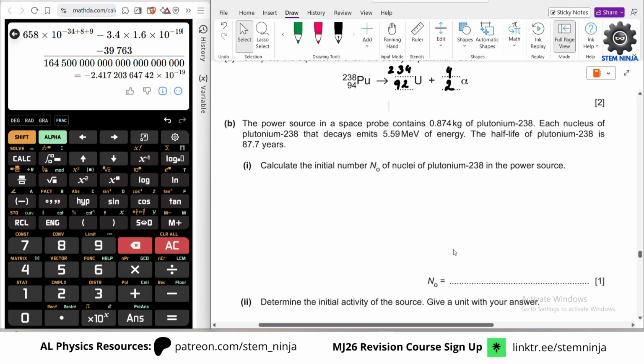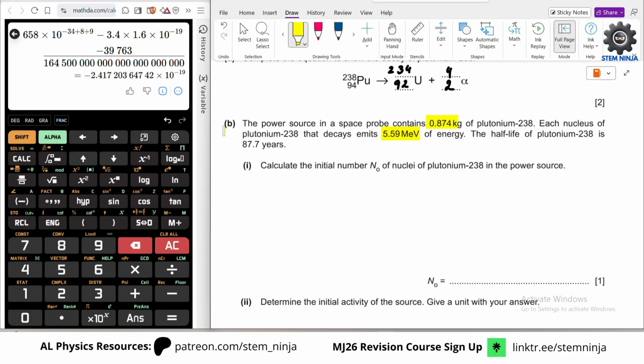A power source in a space probe contains 0.874 kg of plutonium-238. Each nucleus of plutonium-238 decays and emits 5.59 mega electron volts of energy.